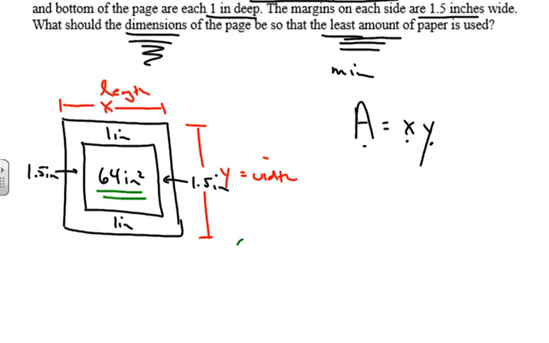So that means we have 64 inches inside, and that equals the area of this inside rectangle, which is going to be x minus 3, since each one of these margins would be 1.5 and together that's 3, times the height y, minus the two margins.